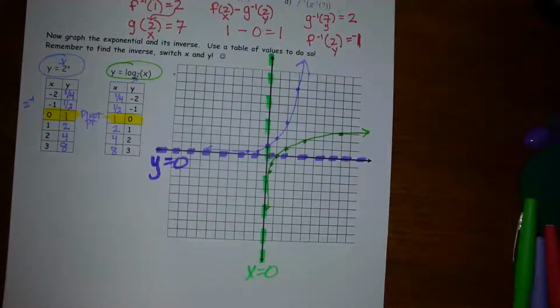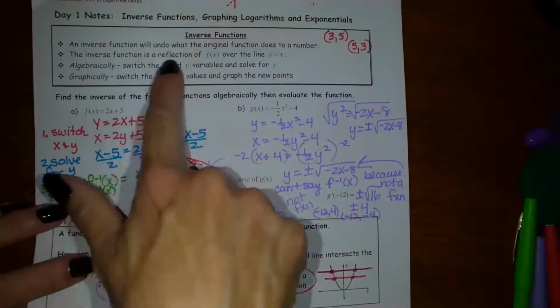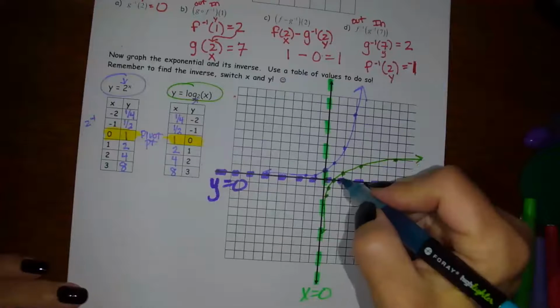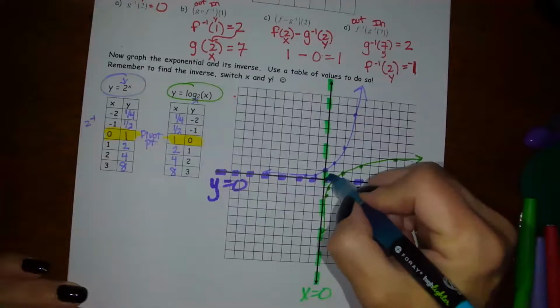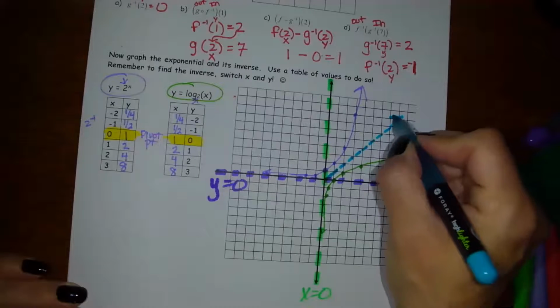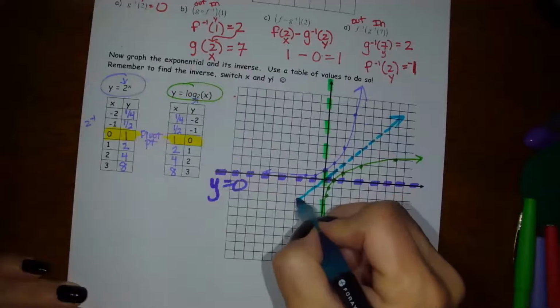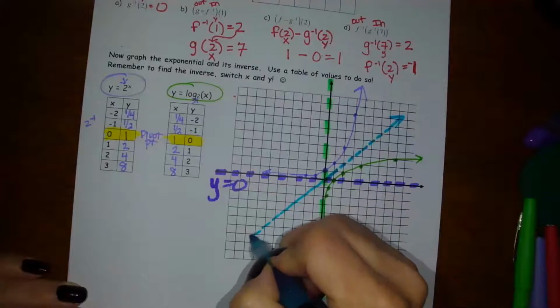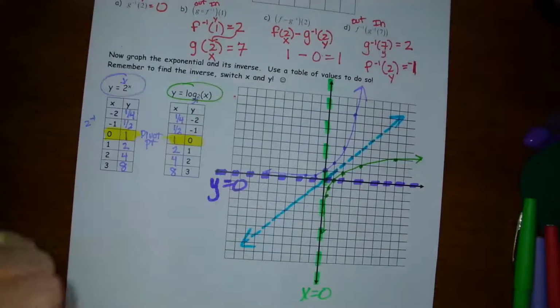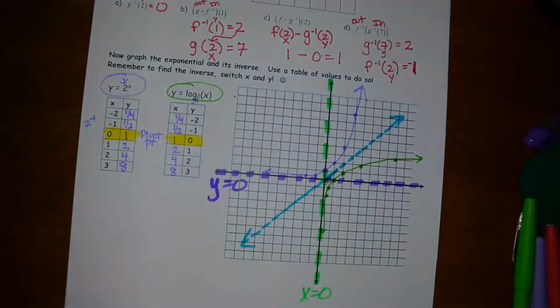And then notice from one of our rules that you may have forgotten back here, we said it's a reflection over the line y equals x. So if you put this line in, it's a mirror image, right? It's reflected across that line.